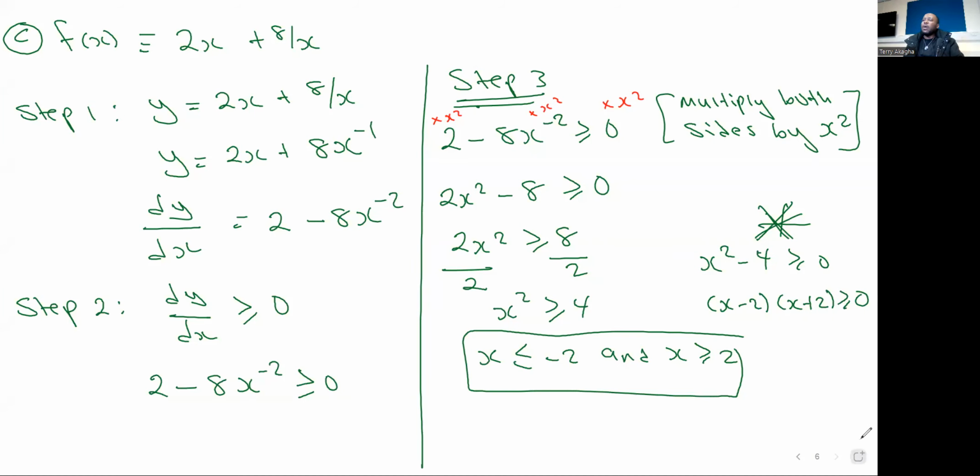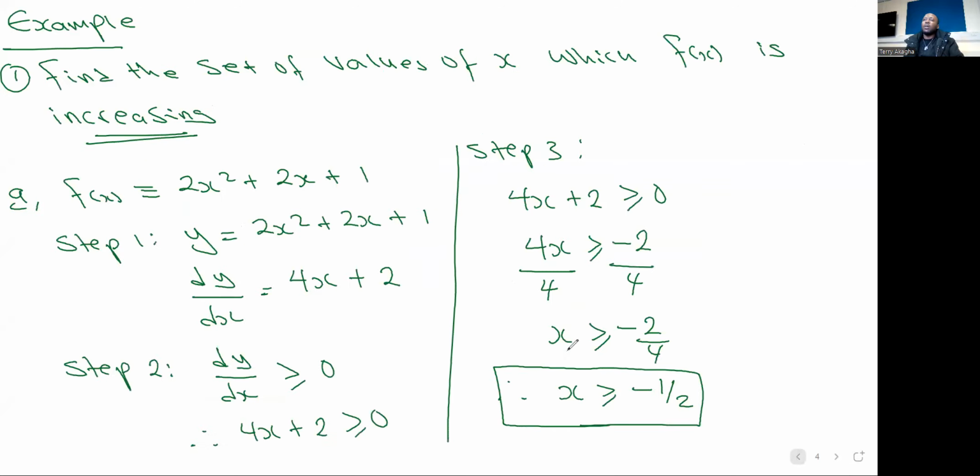All right, let's pick one more example. The last one we talked about was to find the set of values for which f of x is increasing. Let's do one for decreasing.